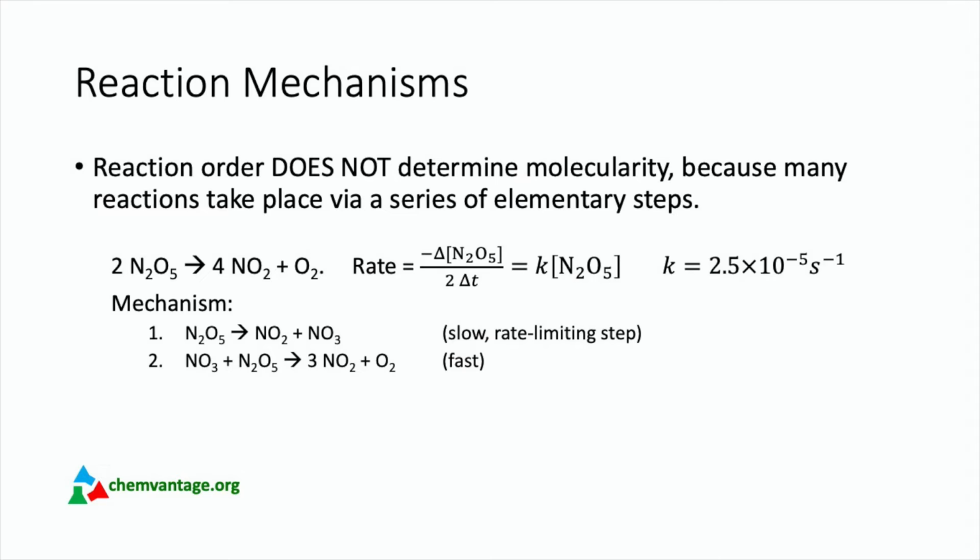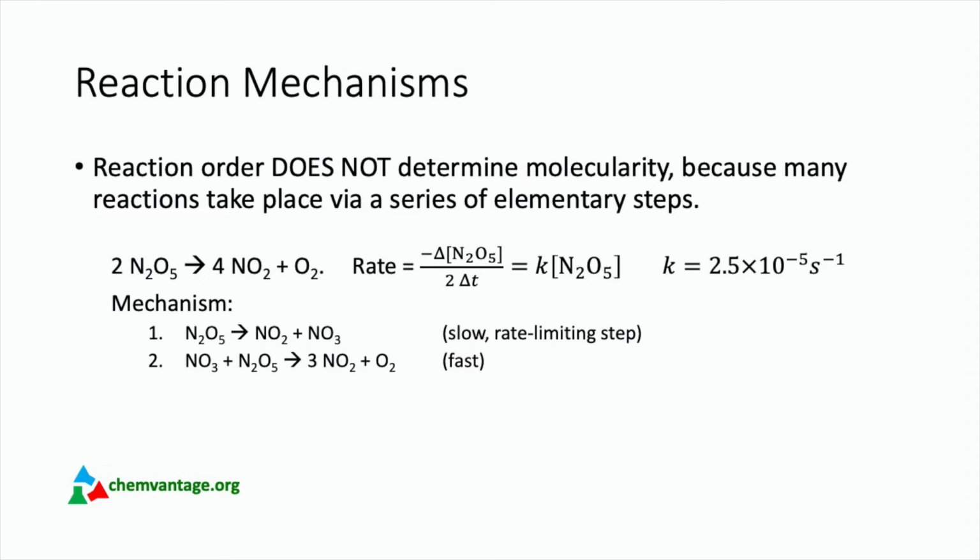Based only on the balanced reaction, we might guess that the decomposition of dinitrogen pentoxide should be bimolecular, and therefore second order in N2O5 concentration. However, experiments show that the reaction exhibits first-order kinetics, and k has the required units of inverse seconds. We can rationalize why this is the case by postulating that the reaction occurs in 2 steps.